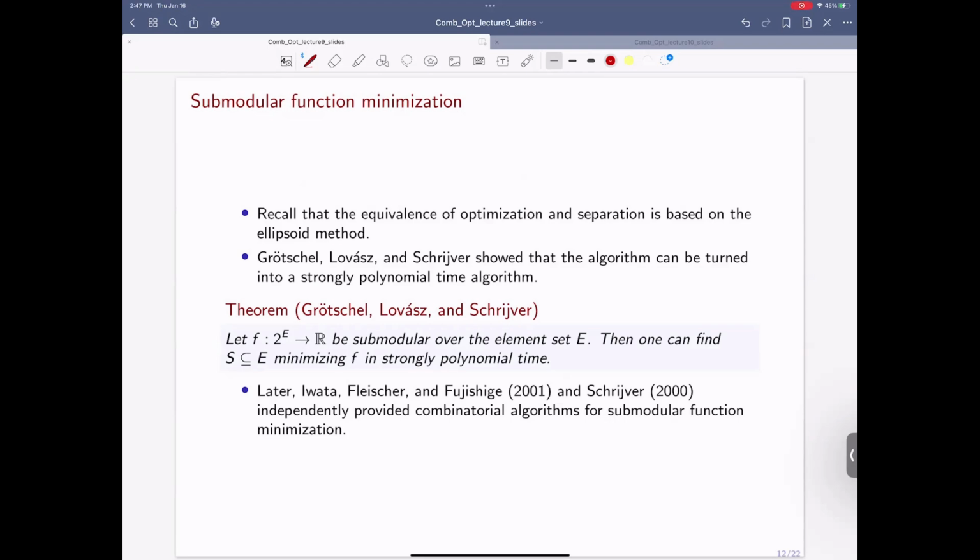Later on, people came up with a combinatorial algorithm for solving submodular function minimization that does not rely on the ellipsoid method. I guess these two papers got the Fulkerson Award for this contribution. So this is one of the major areas in the community. Any question?